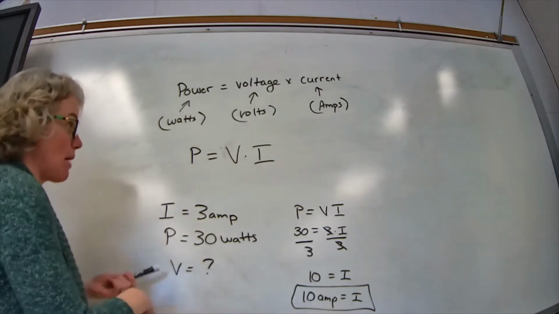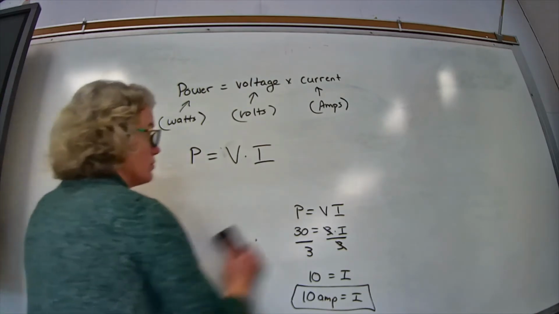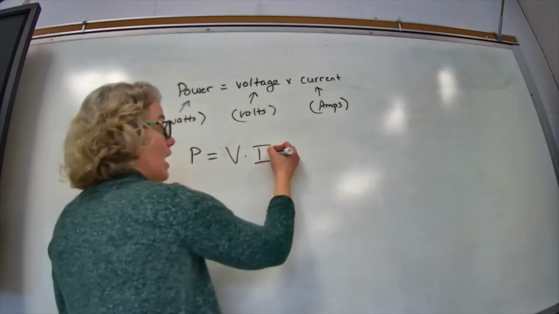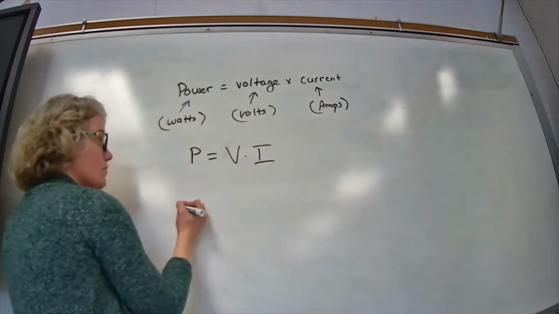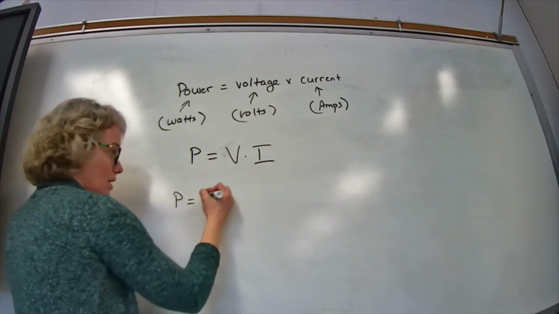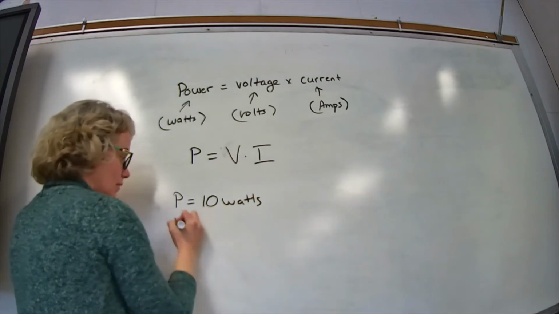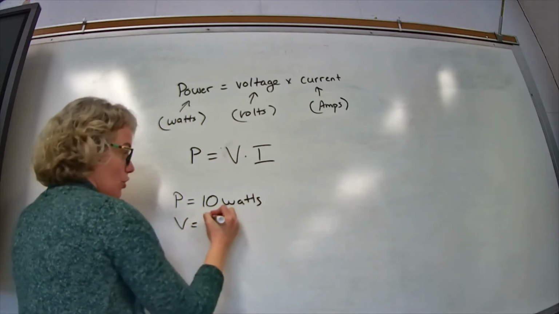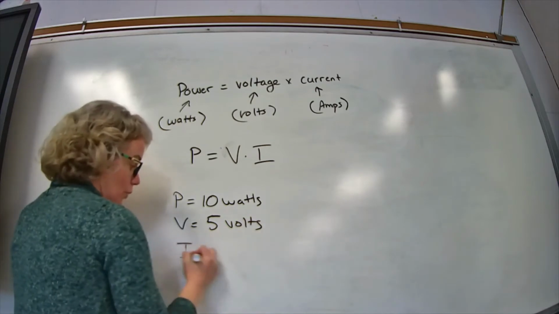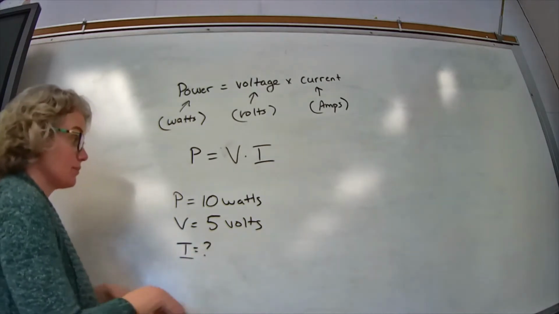Now let's do a problem where we are solving for current. Okay. I is current. So power, let's say that the power was 10 watts and the voltage was 5 volts, and we wanted to know what the current is.